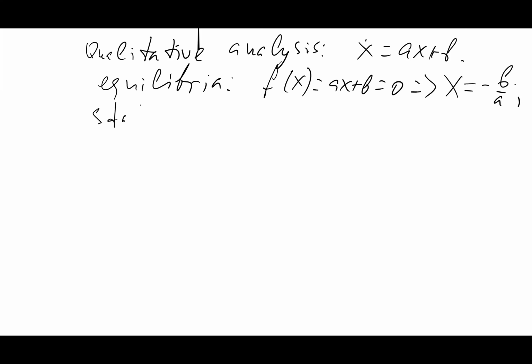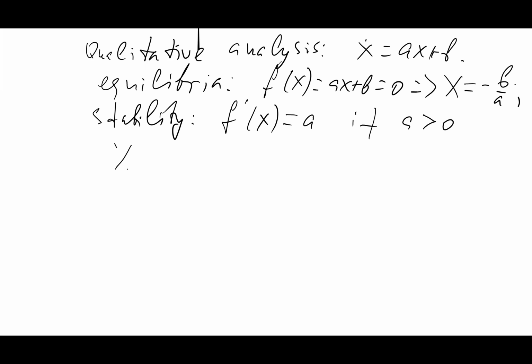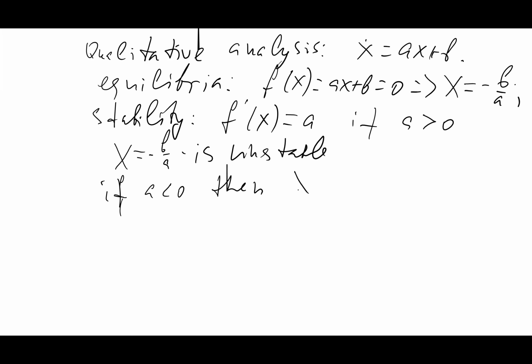And stability. The derivative of f over x equals a. Therefore, if a is positive, x equals minus b over a is unstable, and if a is negative, then x equals minus b over a is stable.